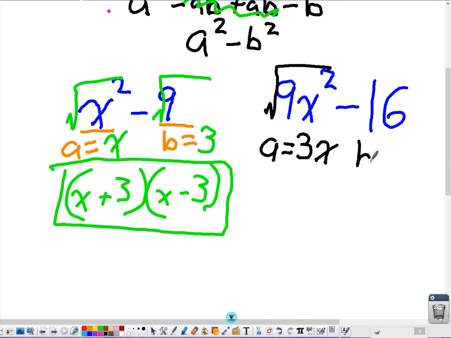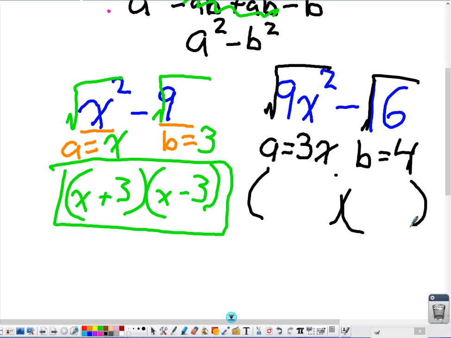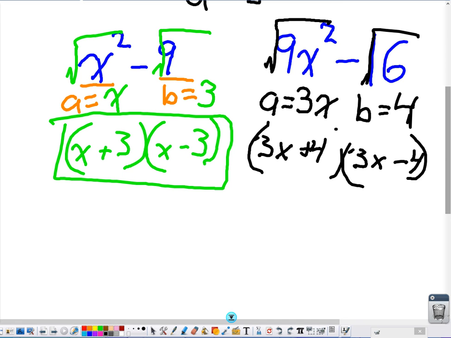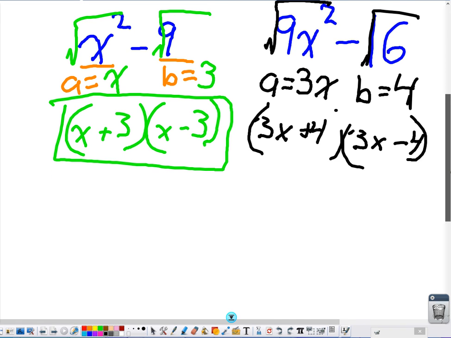For the b, I just take the square root of 16, and I get 4. So what does this factor to? Well, plus minus. 3x plus 4 and 3x minus 4. And there's your answer. So as long as I have two perfect squares, and as long as they're separated by a minus sign, my plus-minus rule works.